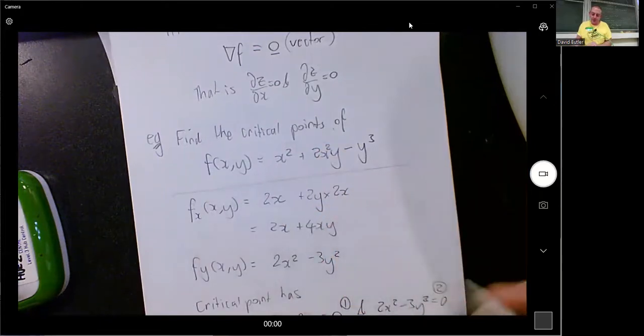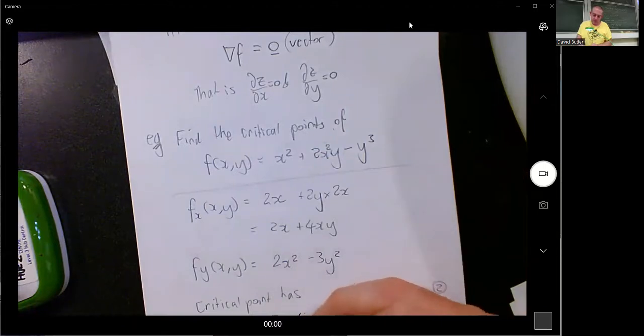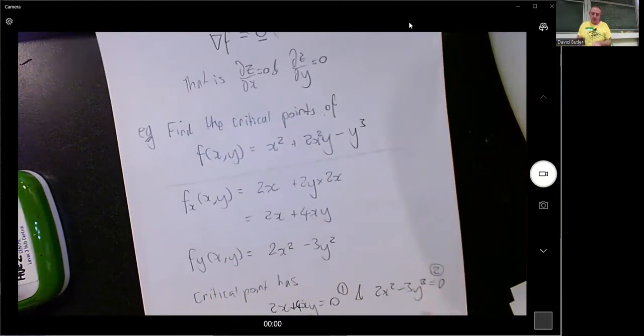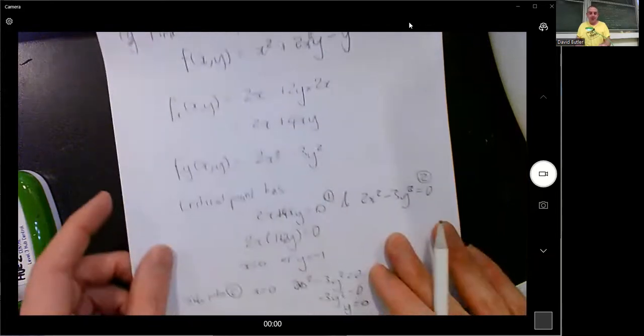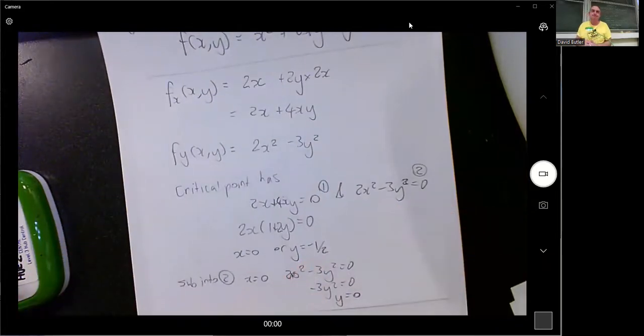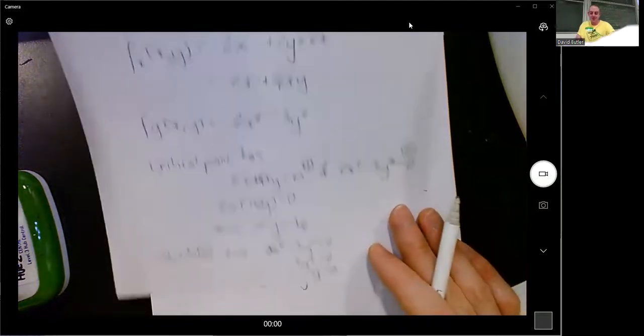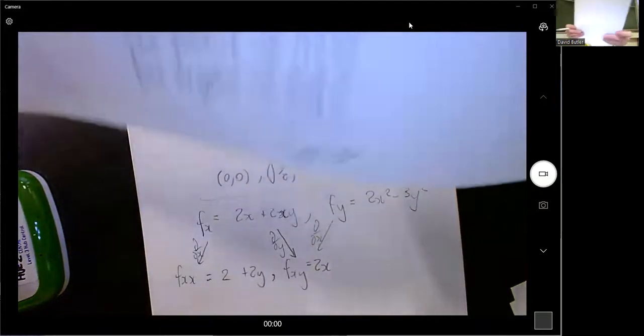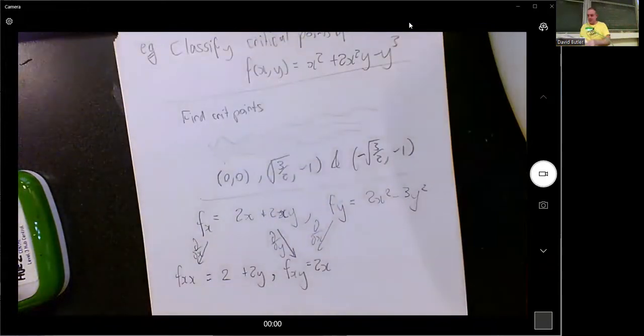Good-o. And so this would be a 4 here. And so when I pull the 2x out, I'm going to be left with a 2y. Oh, man. And so the y would now be minus a half, wouldn't it? Great. That's okay. We can fix it. And so where's the rest of my working?